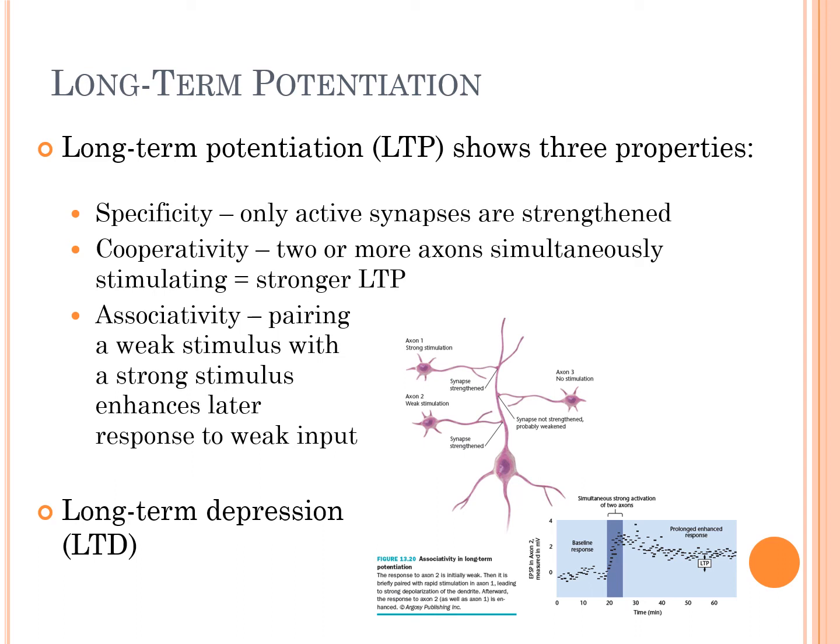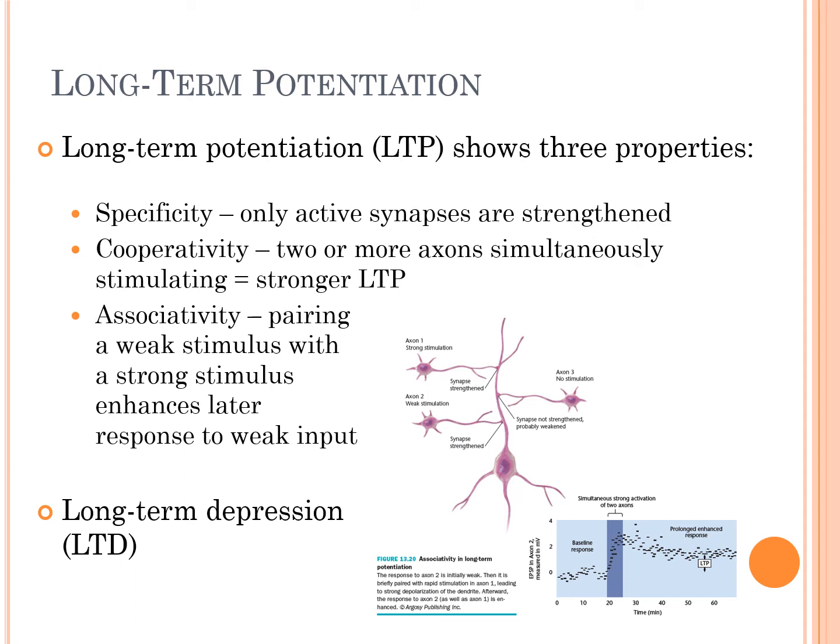Okay, so I'm going to look at this picture with the neurons over there. It's kind of hard to see on my screen, though I know when I project it, it's large and easy to see. If you look at the top axon, that's axon 1, and underneath it says strong stimulation.